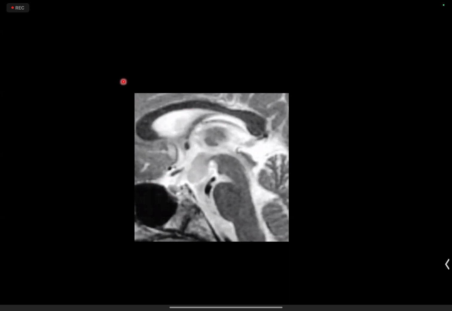Ma'am, there's a T2 iso to hypointense lesion involving the region of the tuber cinereum. The pituitary gland is seen separately from the lesion. My diagnosis would be most likely a hamartoma. Yes, it can also be a glioma, but you are right, this is a hamartoma.